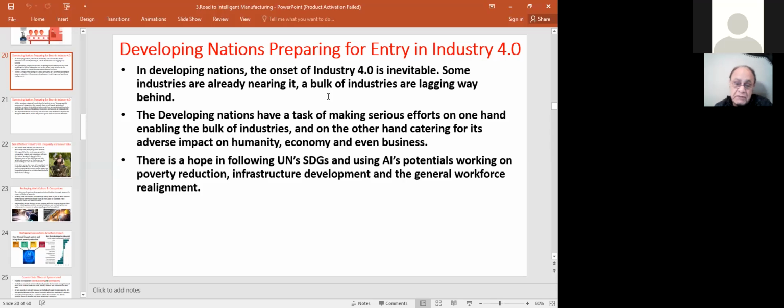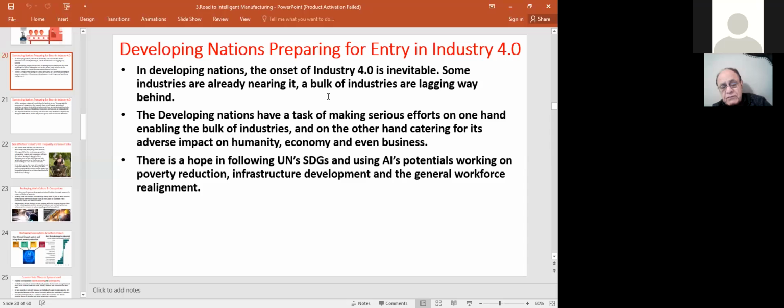and its power. And on the other hand, look after the adverse impact on humanity, economy, and on businesses, and transform the workforce into usable forms.